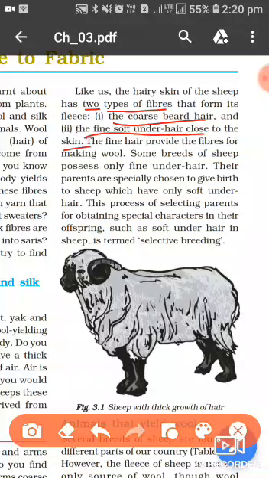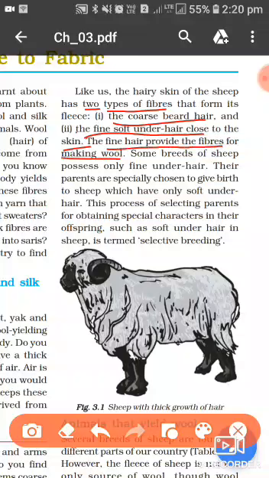The coarse beard hair gives very thick fibers, and the fine soft underhair is the soft hair very close to the skin of the sheep. The fine hair provides the fibers for making wool.